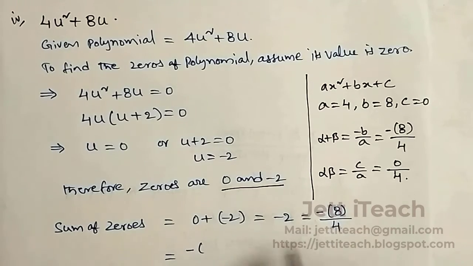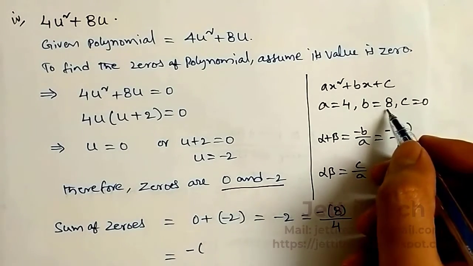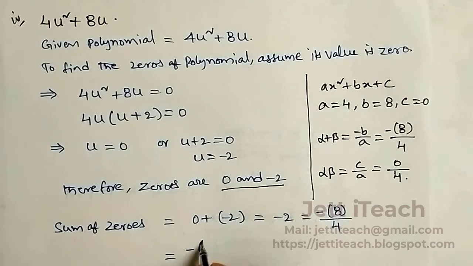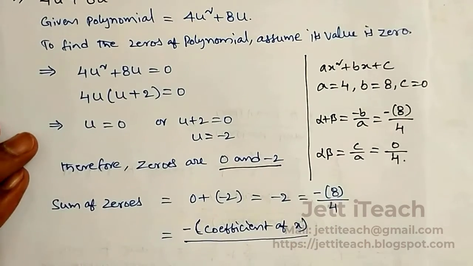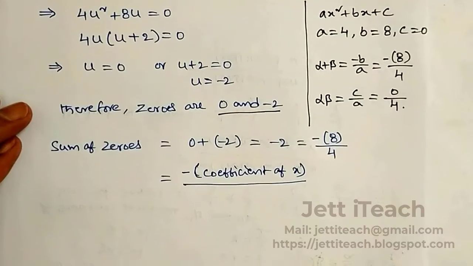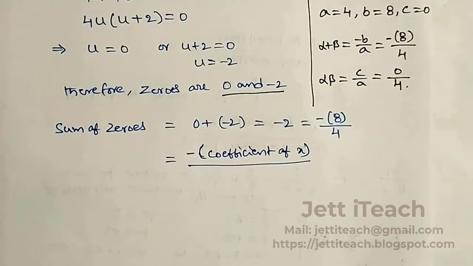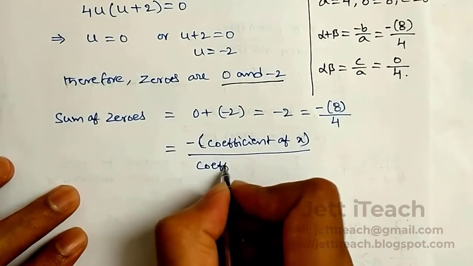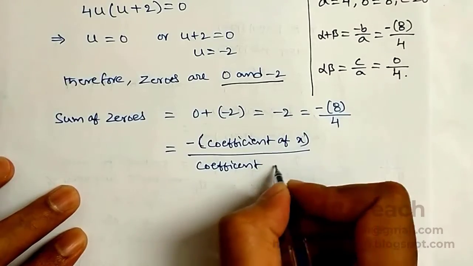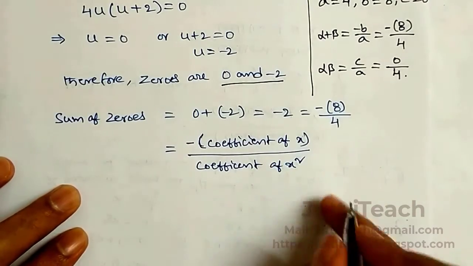Minus, bracket open, 8 means it's the coefficient of x. 4 means coefficient of x square.